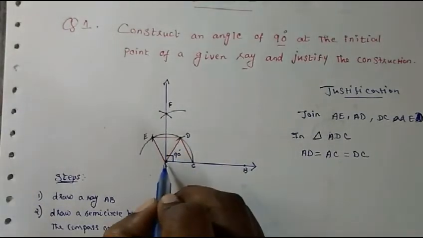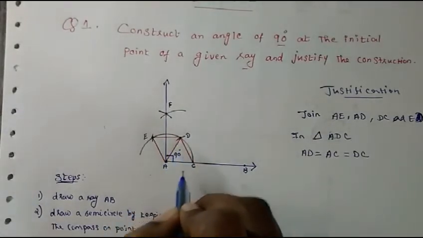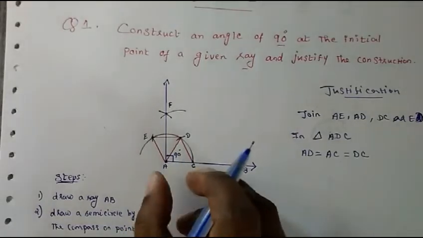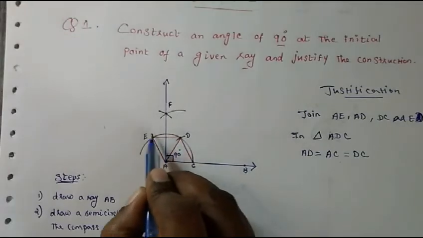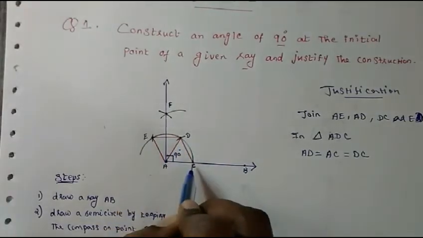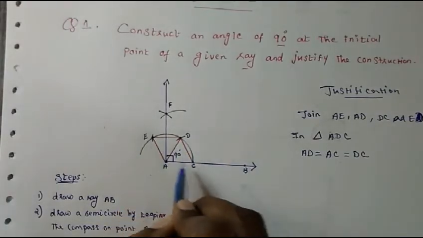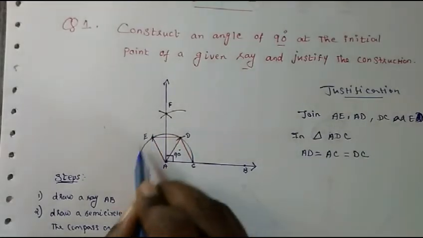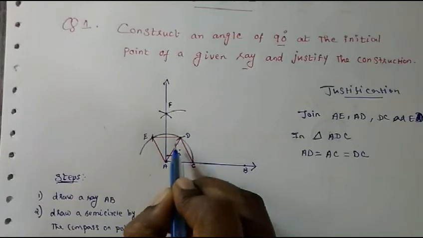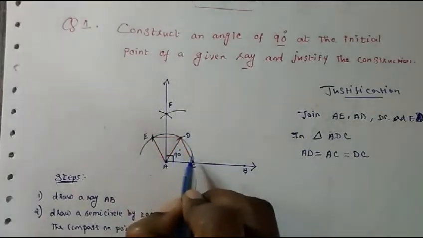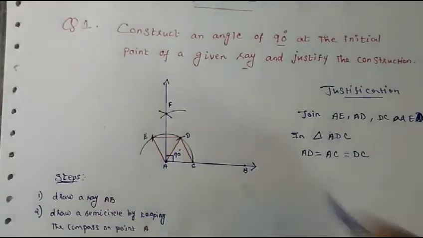Because by construction all these sides are equal, because we have taken the measurement. With that same measurement we have drawn a semicircle, so it becomes a circle. So this becomes the center of a circle, and this becomes the radius of the same circle. This also becomes the radius of the same circle.